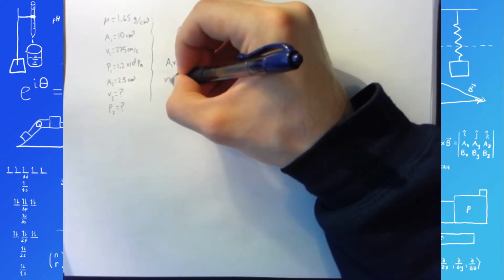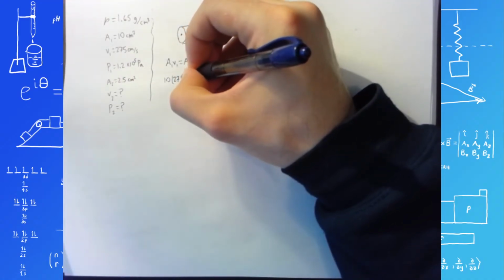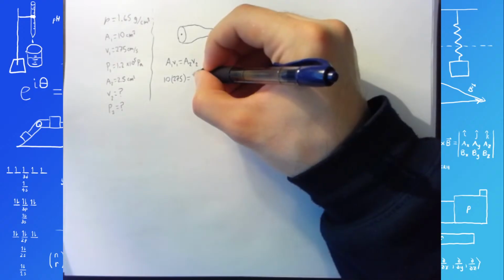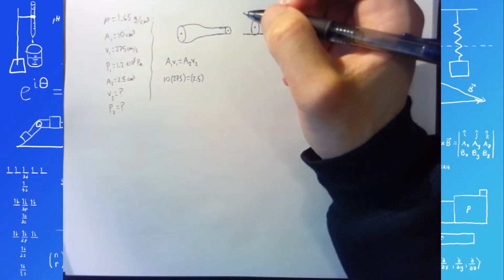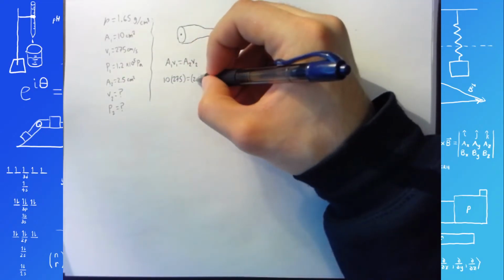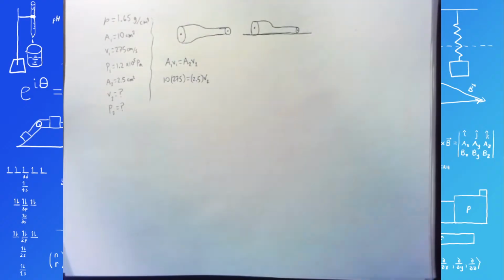A1 was 10 square centimeters times V1 is 275 centimeters per second equals A2 is 2.5 square centimeters times V2, which is currently unknown. 10 over 2.5 is 4. 4 times 275 is 1.1 times 10 to the 3.